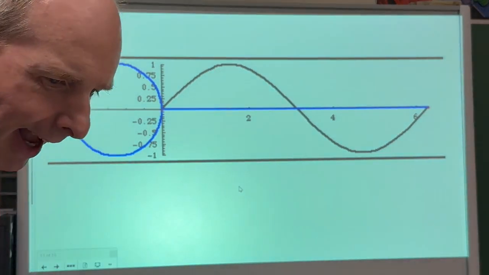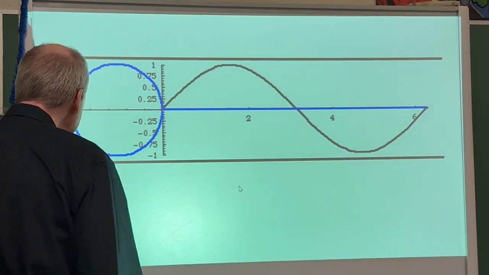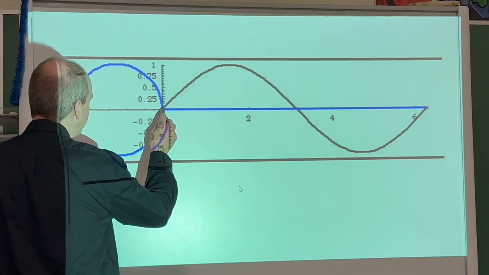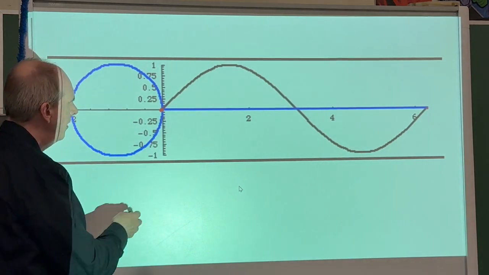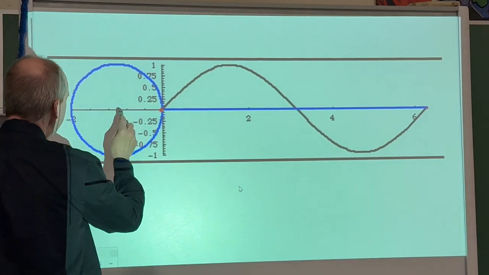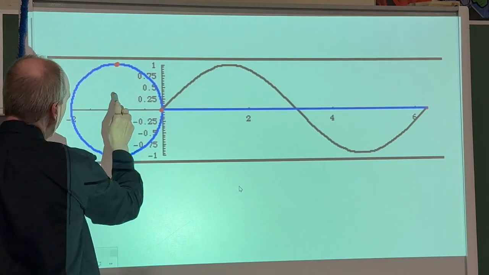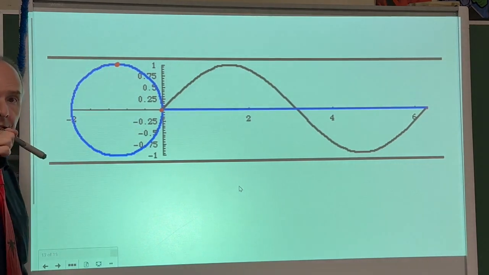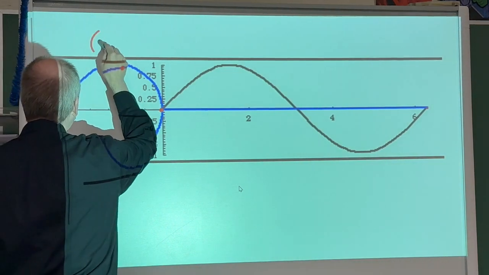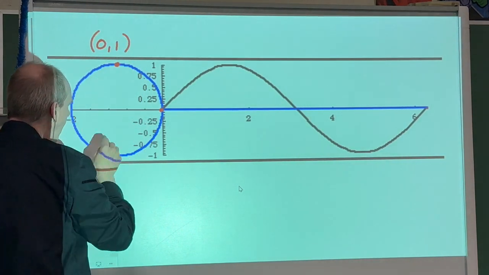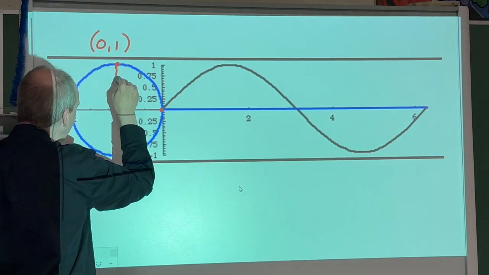Whatever the height of our triangle is, like if we were to do 0 degrees, there is no height, we're at 0. If we do 90 degrees, well, we're here, it's 1 unit tall. Think of the point up here. Remember, it is 0, 1. You have a height of 1 unit.